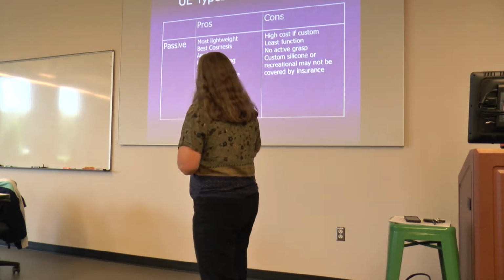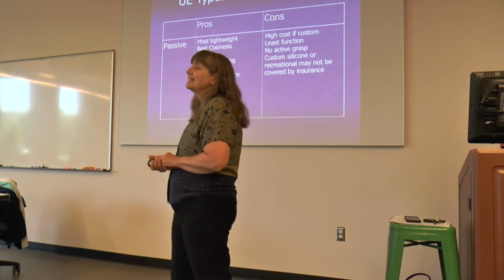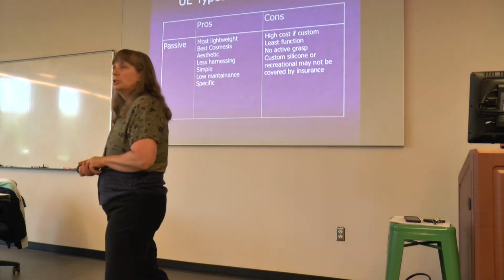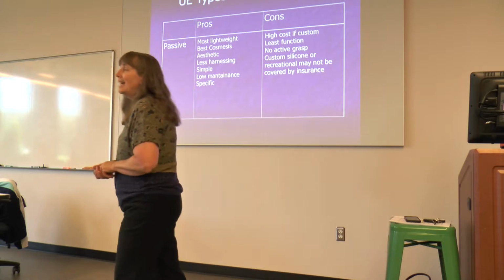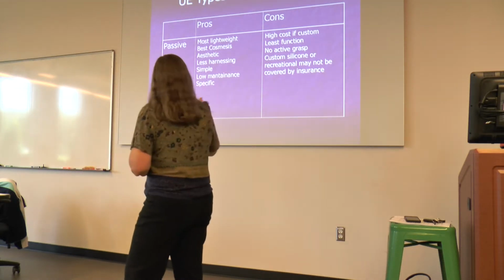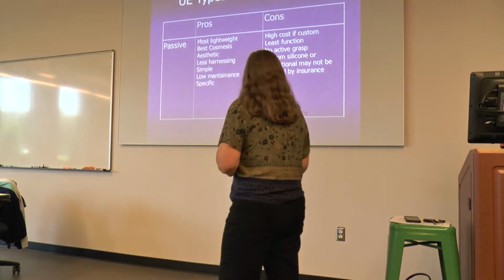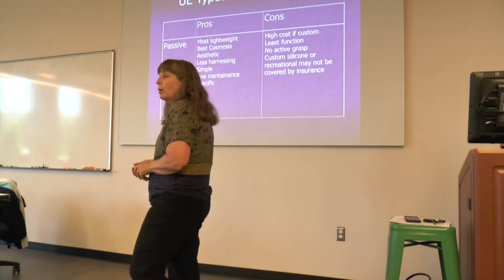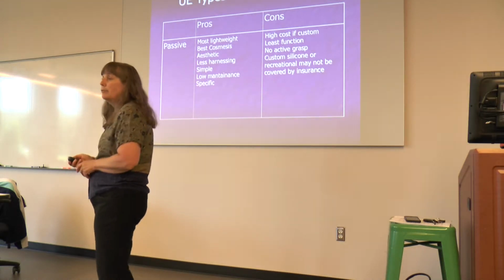It is the one of all these that I'm talking about that has the least amount of function, because it doesn't do much. There is no active grasp to hold something in most of these. Like I said, you can go custom silicone. Recreational ones, like the lacrosse hand or the softball catching ones, a lot of times are not covered by insurance.